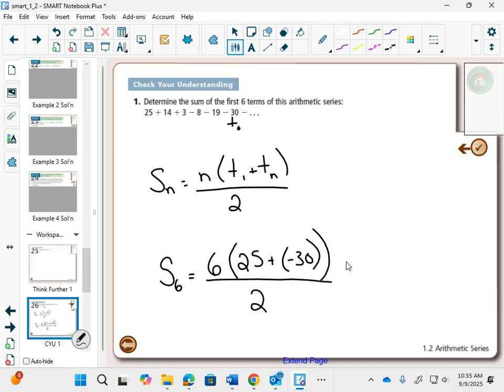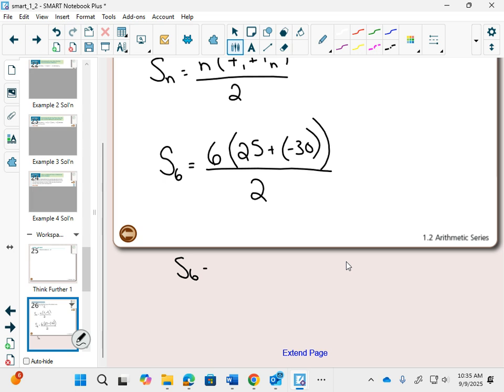So with using formulas, one of the skills we have to do is, can we plug things into the formula? And then can we use our order of operations to get the answer. So brackets, I would do that first. The 25 and the negative 30. That's going to give me a negative 5. And 6 times negative 5 is negative 30 divided by 2. I get negative 15.